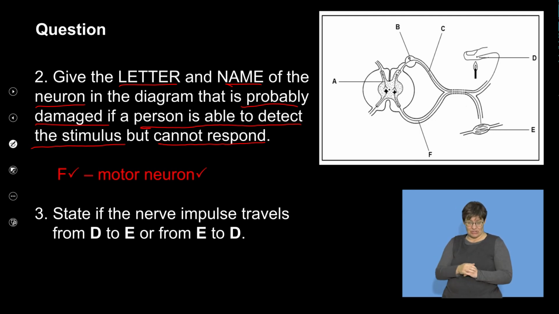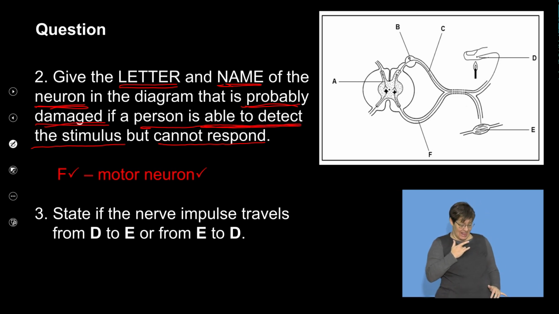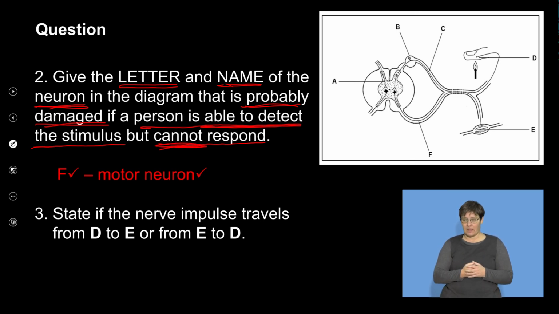Because the question said you give the letter and name of a neuron in the same diagram that is probably damaged if a person is able to detect but cannot respond. So probably it should be F here, which is which type of neuron? A motor neuron, because the impulse was able to be transmitted.